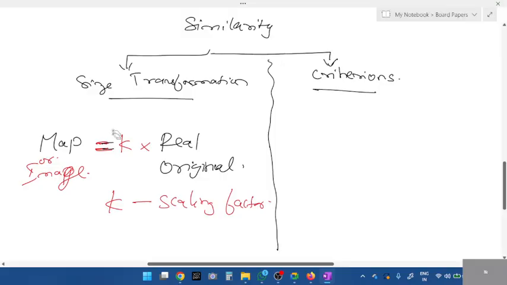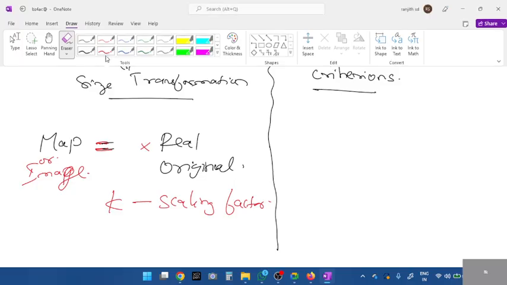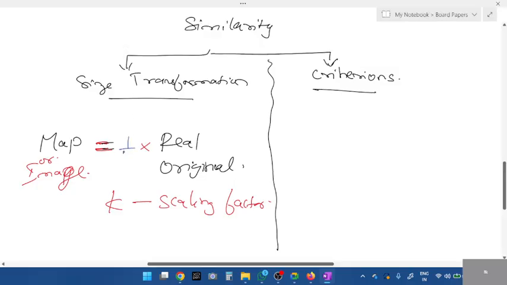Not k, 1 by k, students. K is equal to the scaling factor.